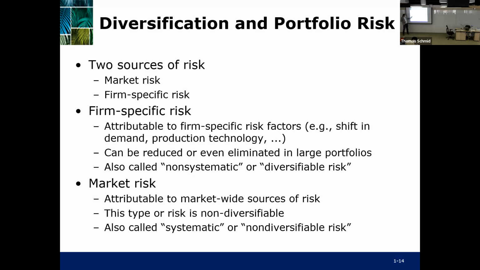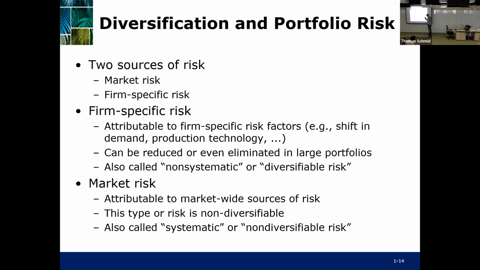Okay? So let me give you a bit of an intuition of what we mean by a firm-specific risk. Firm-specific risk could be any risk that, for example, only affects a single firm. Like, I don't know, a factory burns down, or an employee steals some business secrets. So that would be a firm-specific risk. So what now happens to firm-specific risk in large portfolios?